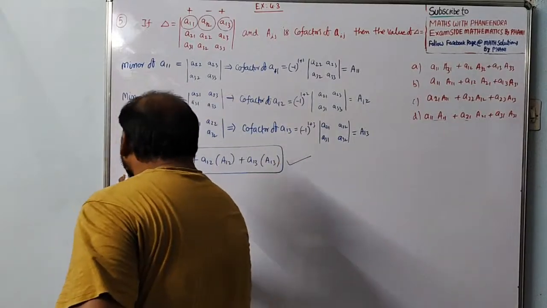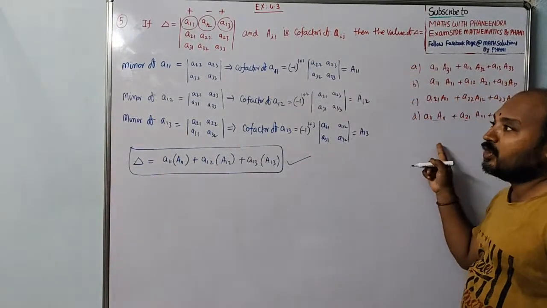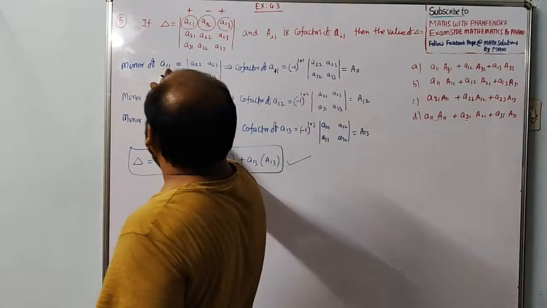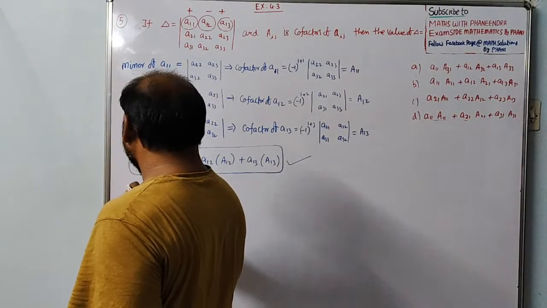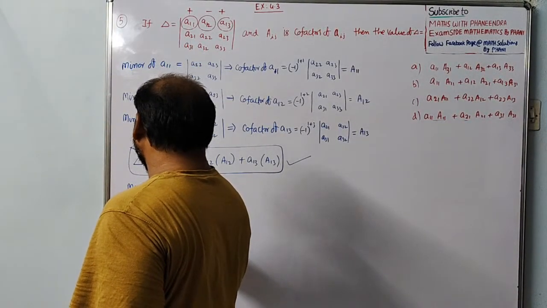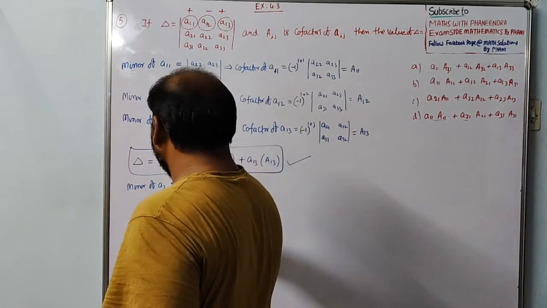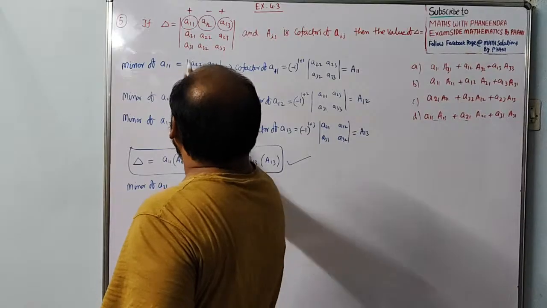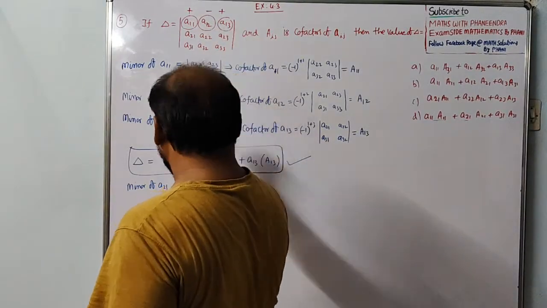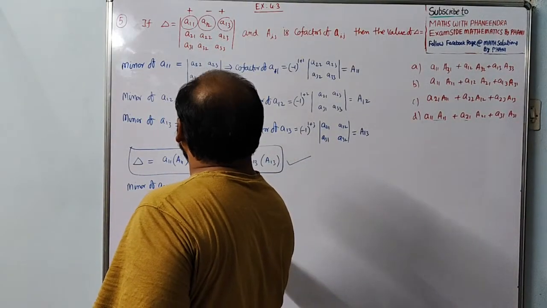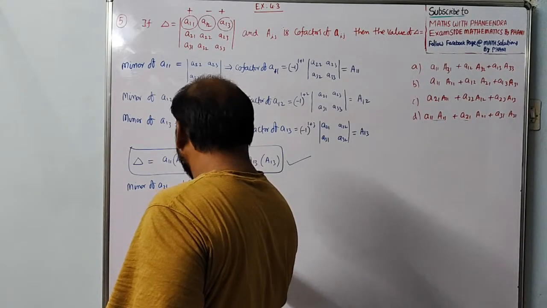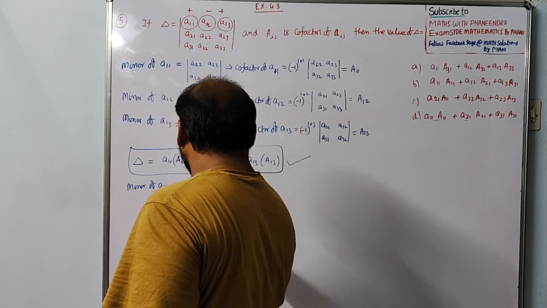Don't worry about it. But according to the options, if you want to calculate, I already calculated A11. Minor of A21 is equal to, eliminating this row and this column, A12, A13, A32, A33 will come.